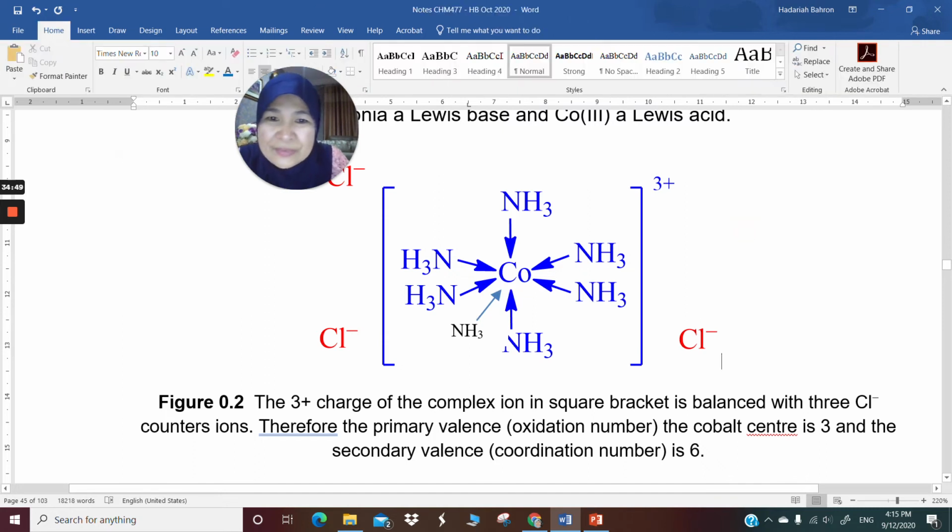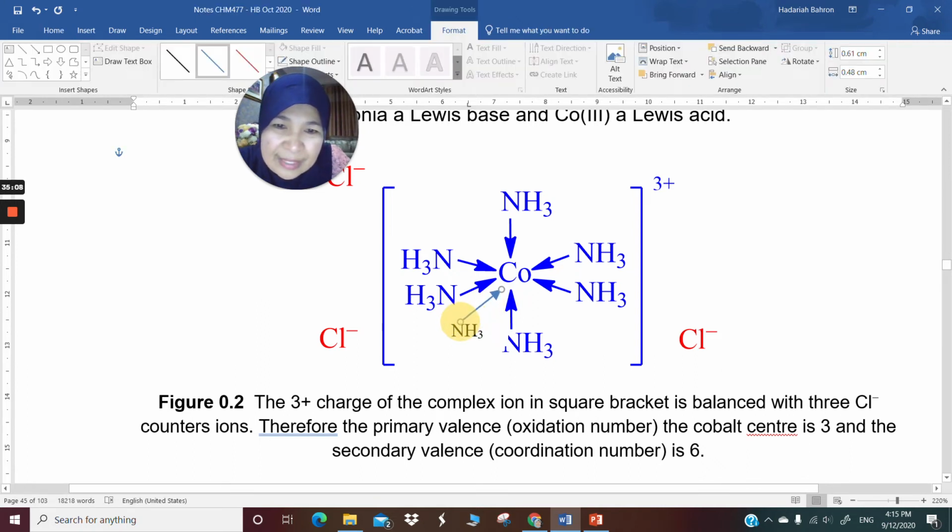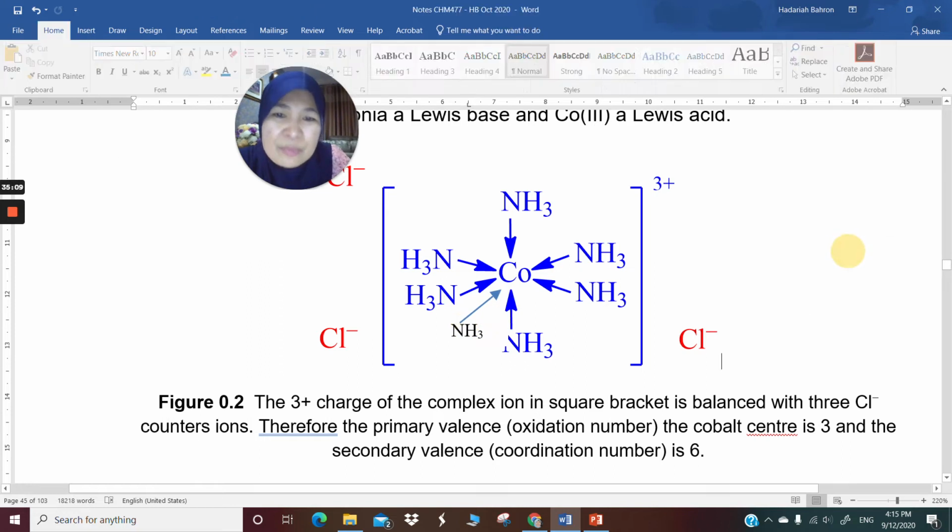That is wrong, because this particular arrow tells me that the hydrogen is the donor atom, which is not correct because hydrogen doesn't possess any lone pair of electrons. It is the nitrogen which is the donor atom, so the arrow has to start from nitrogen. Yeah, that would be more correct.